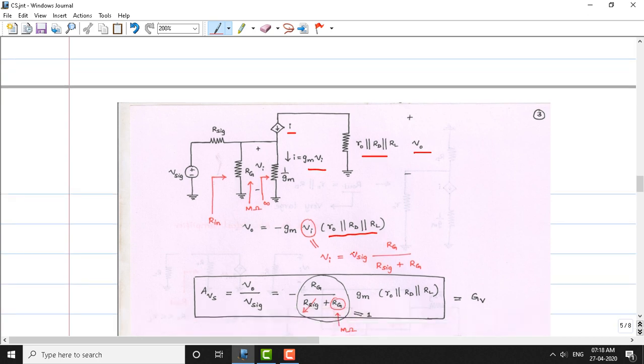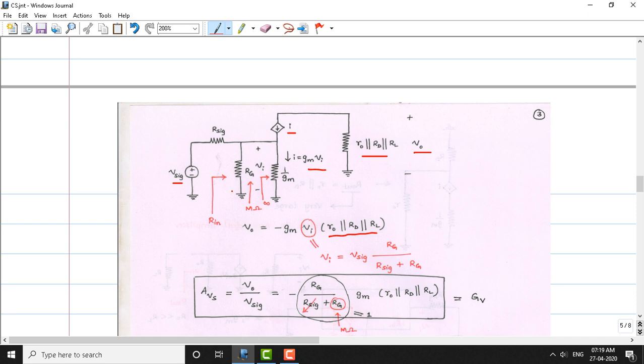Now we can replace Vi, which is the input signal here, with the expression given here. This expression can be obtained by applying the voltage division rule. So Vi equals V signal times Rg divided by Rg plus R signal.